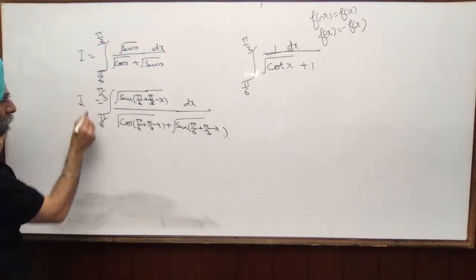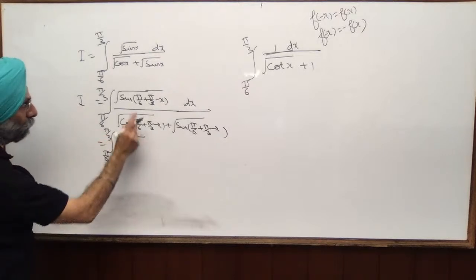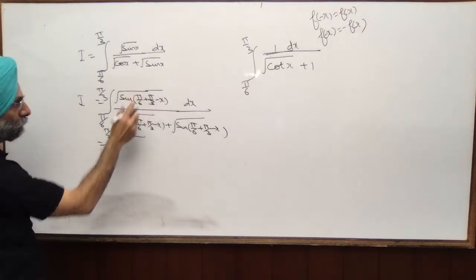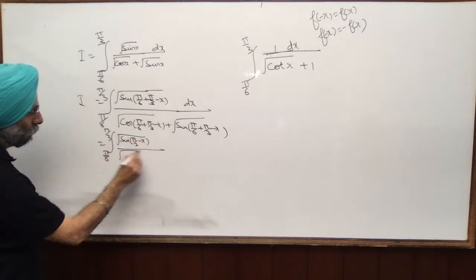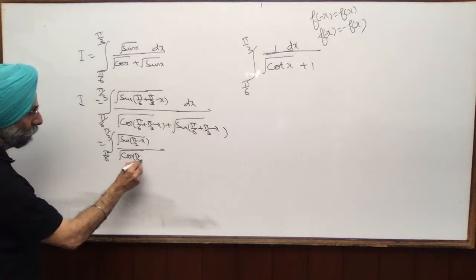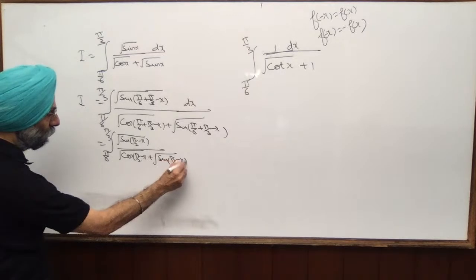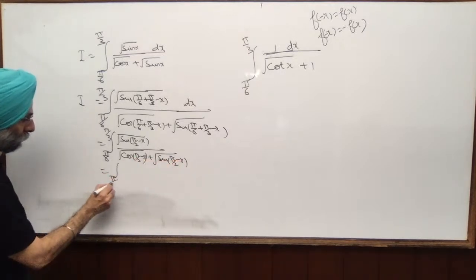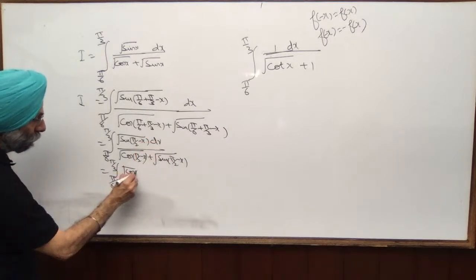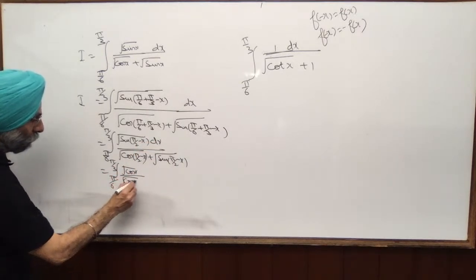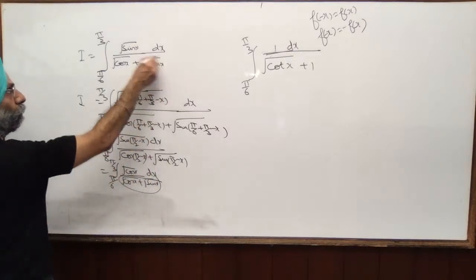So this is I, this is your pi by 6 to pi by 3 under root of, what is that? It is sine of 90 minus x upon under root of cos of 90 minus x plus under root of sine of 90 minus x. So what is that? It is pi by 6 to pi by 3 under root of cos x over under root of cos x plus under root of sin x dx. Check, both are the same.